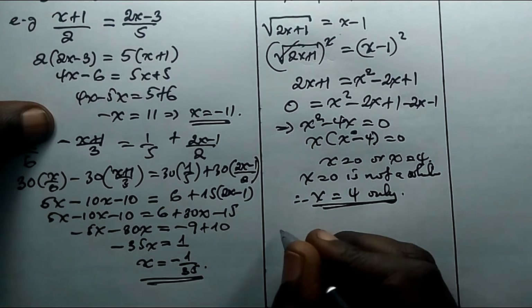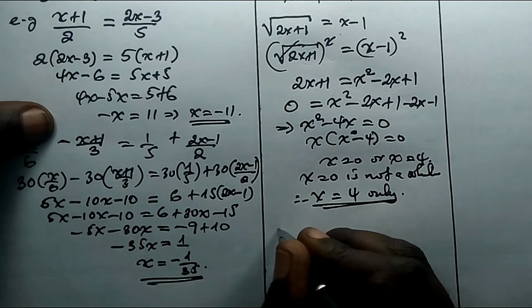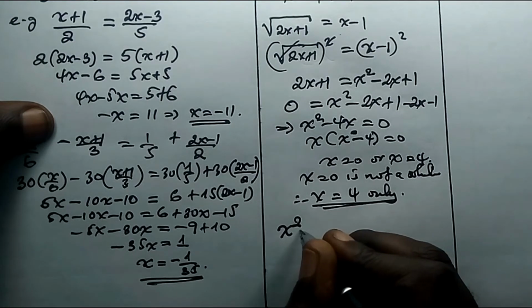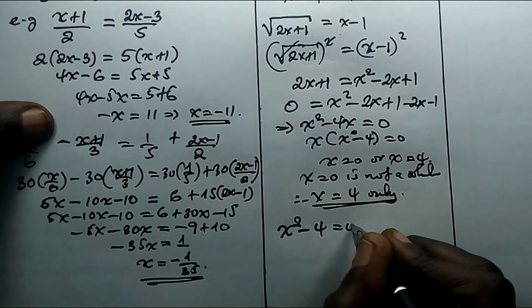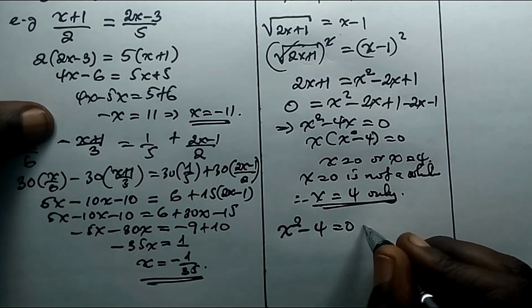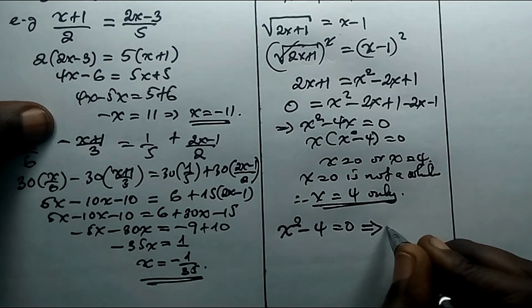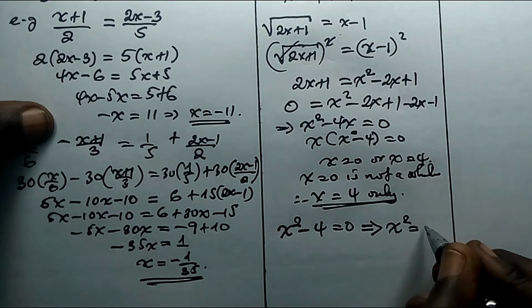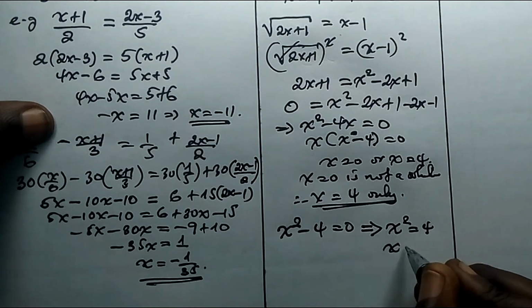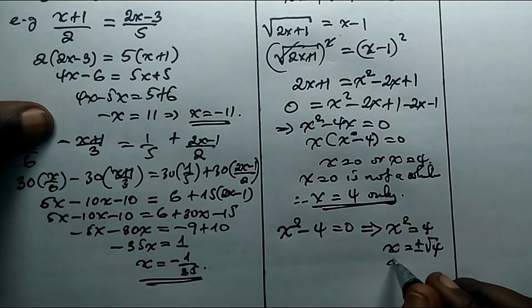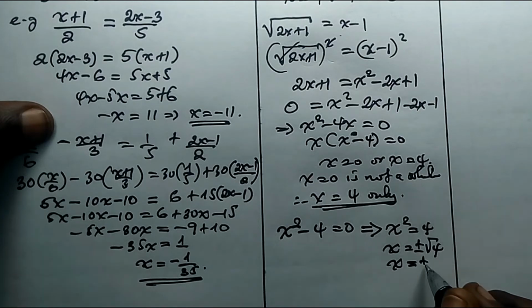We also have equations where we just need to have x squared minus 4 equals 0. And to solve it, I have two approaches. I can just send 4 to the other side, and then x would be plus or minus the root of 4, whereby x would be equal to plus or minus 2.